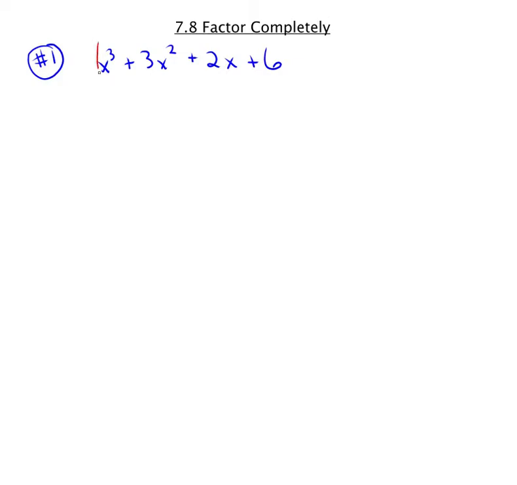But if we add some parentheses here and group these into two groups, I can see that the first group has a common factor, a GCF or monomial factor, of x squared. And we notice over here on the last one, this one has a GCF of 3.